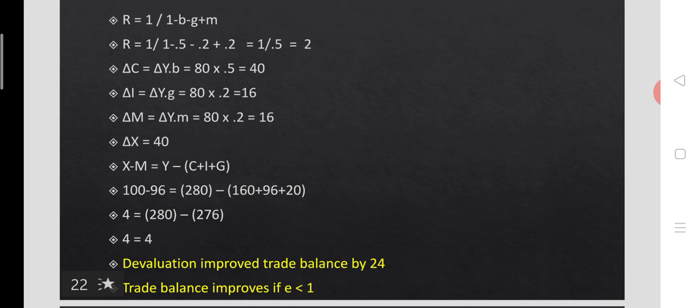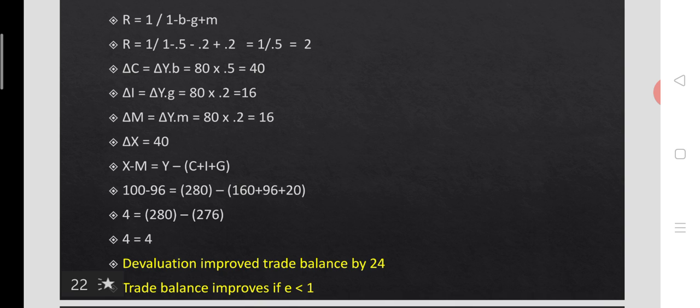That is the meaning of the foreign trade multiplier's value 2. Then delta C, the change in consumption after devaluation, is equal to delta Y into B. Delta Y is the change in income, into B, the marginal propensity to consume. Change in income here is 80, as 40 is the change in export. Export has increased by 40 million US dollar after devaluation in a country, and it has to be multiplied by 2, as the foreign trade multiplier value is 2.